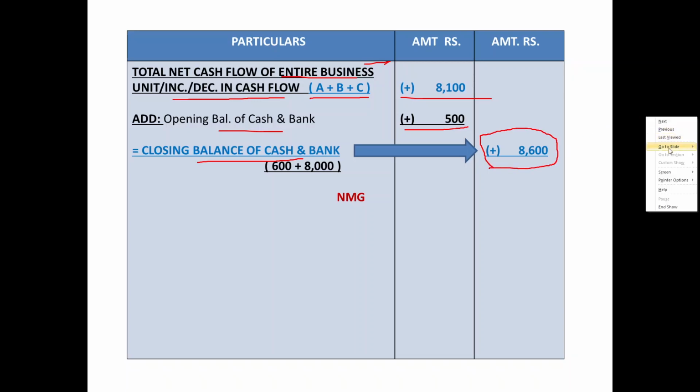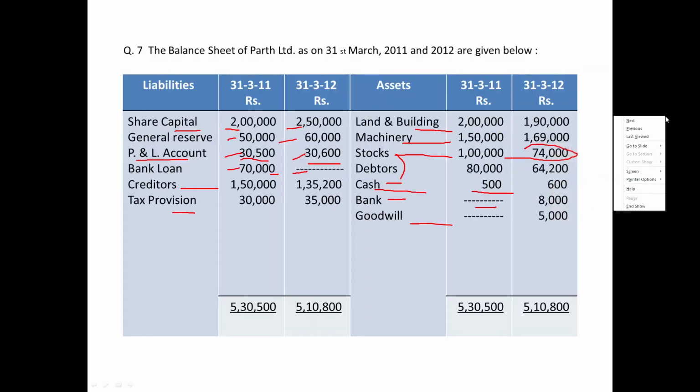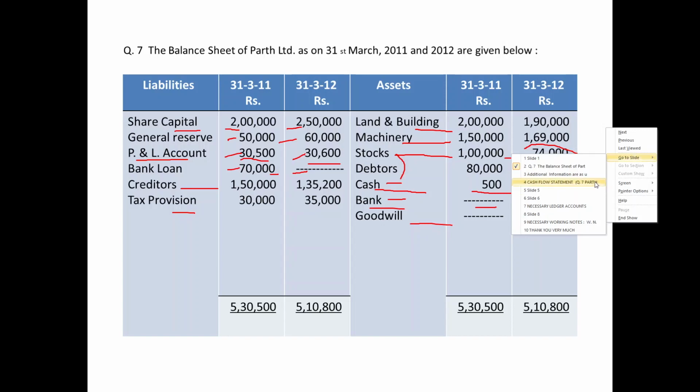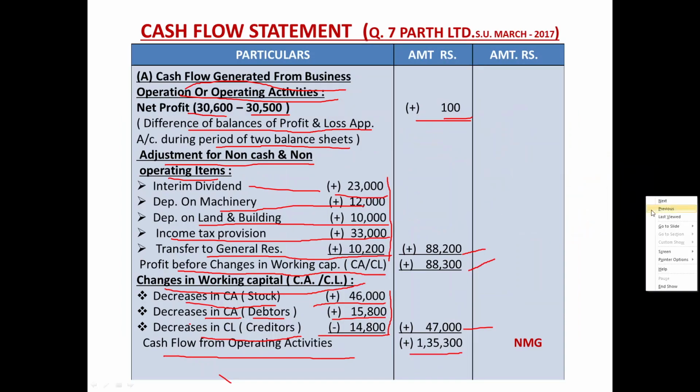Let us verify the balance sheet for the closing balance. Asset side, have a look. Cash 600, then bank 8,000. 600 was the cash balance and 8,000 was the bank balance. The total of these two, 8,600. Let us verify our final answer in our cash flow statement. Is it 8,600 or not?